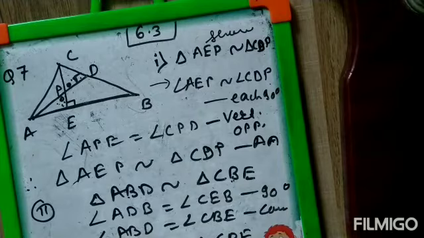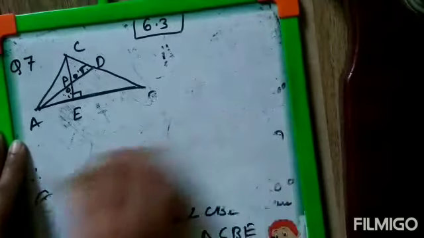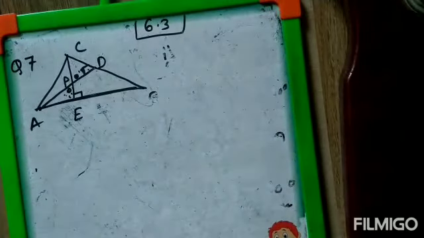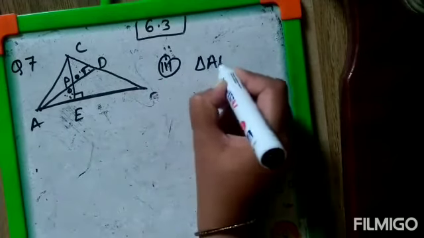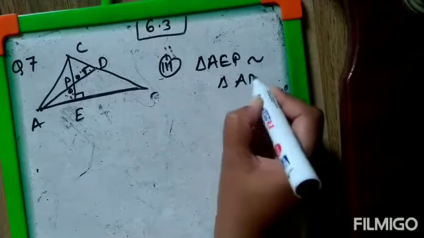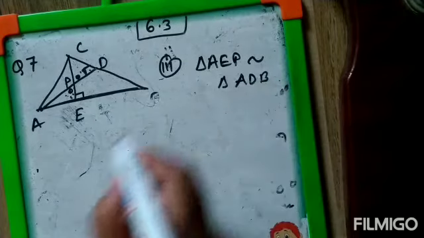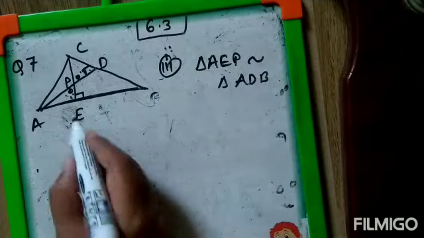Now there is the third proof. Check it. Third one, we have to show triangle AEP is similar to triangle ADB. Again E and D we have at 90 degree.